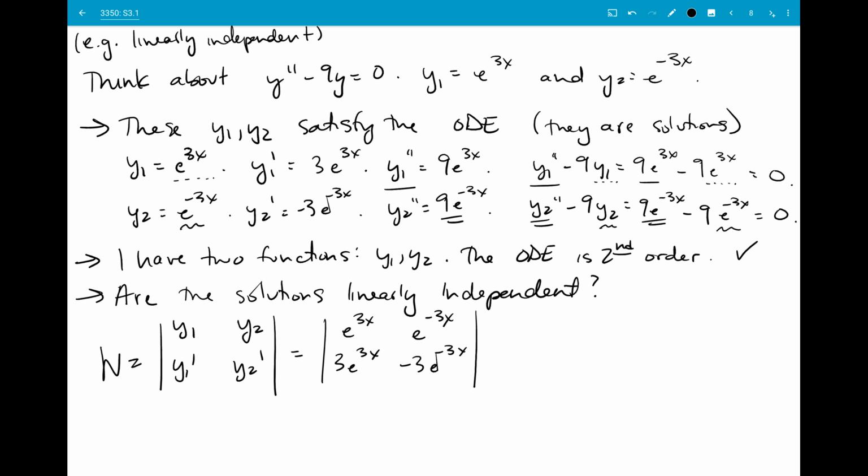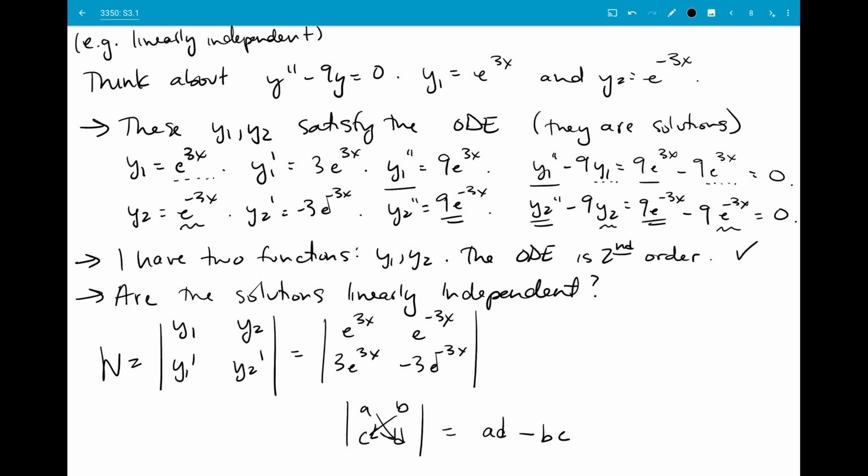And then the second part of this is that the Wronskian is taking a determinant. So when you take a determinant, this should be review for you, but all you do is you multiply across the diagonal and then subtract multiplication from the off diagonal. That's how you take a determinant.